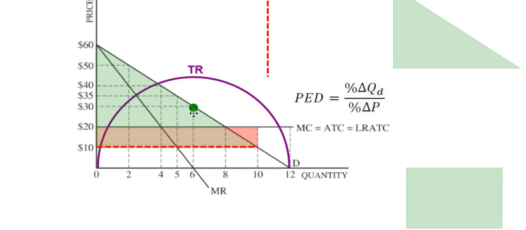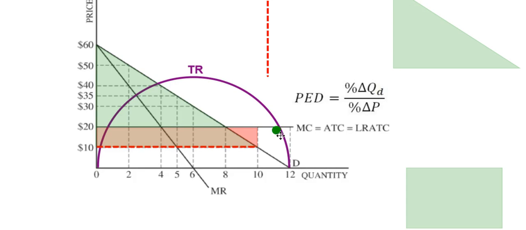So your total revenue is going to increase because your quantity is increasing more than your price is decreasing. Now, from this point right here, it's 1 to 1. That's why marginal revenue is 0. The change in the total revenue right there is 0.